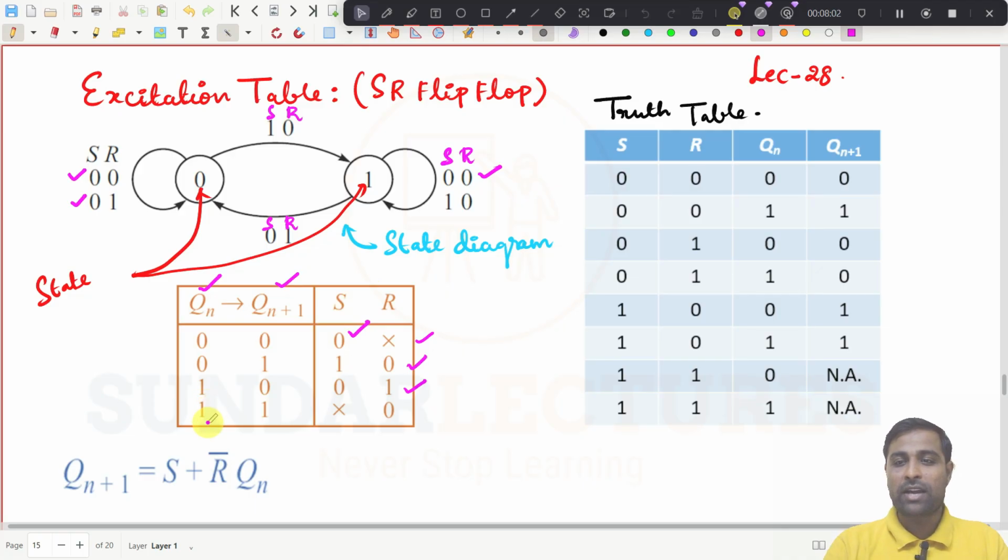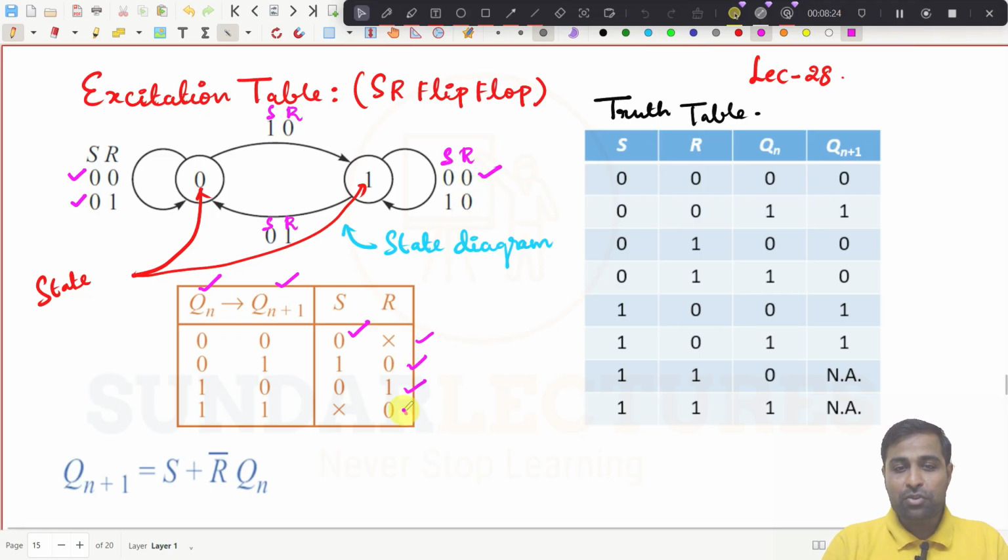And you come to the next one now. If the present state is 1, the next state should be retained as 1. What should be the value of S and R? See here, R should be 0.